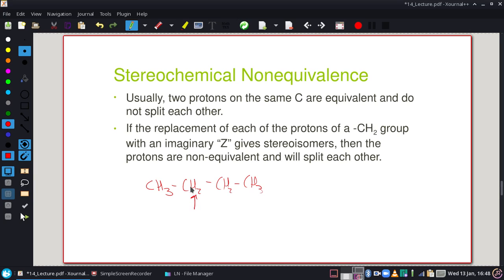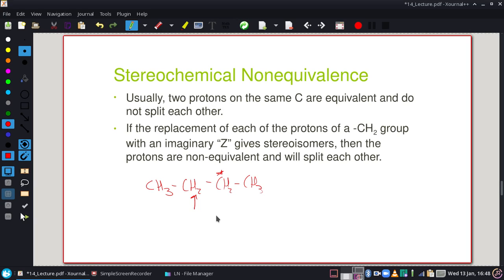All right, that tells us that these hydrogens are not quite exactly the same. That doesn't mean that we're going to have this weird little feature happen. The only time we have to worry about stereochemical non-equivalence is if an adjacent position is already a stereocenter.